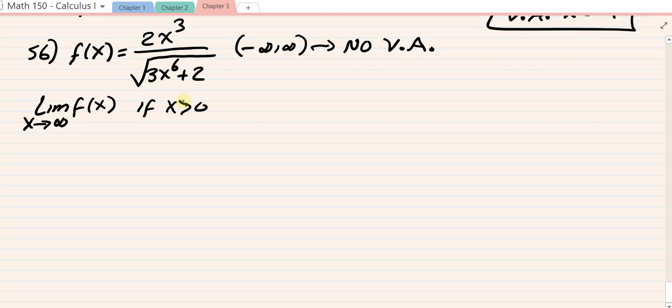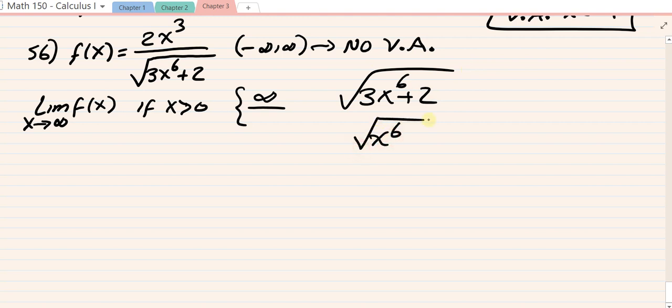Okay, so when x is positive, we need to find this limit. By the way, this is an indeterminate form, because x cubed, as x goes to infinity, approaches infinity in the numerator. In the denominator, forget the 2 and forget the 3. I know I see 3x to the 6 plus 2, but really the underlying function that dominates is x to the 6.